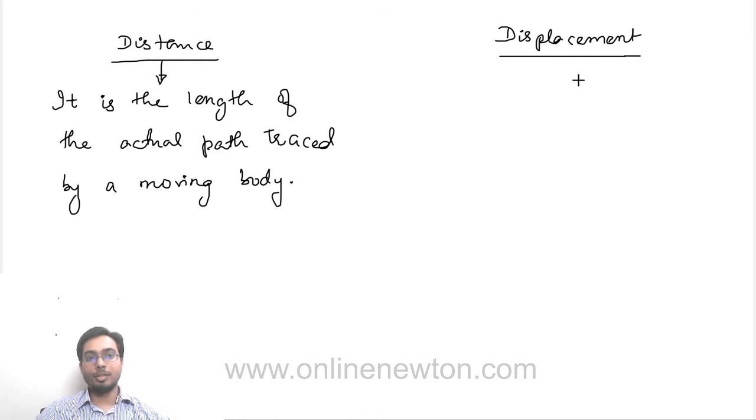So this is how we define the distance. It is the length of the actual path traced by a moving body. That's it. Actual path, or whatever path it could be. So we have to draw the actual path from where to where the body is going, and you have to measure the length of that path. Simple. That's it. What is displacement?